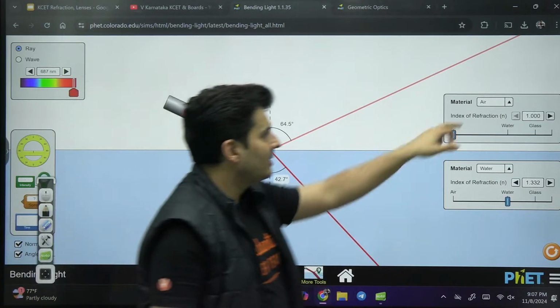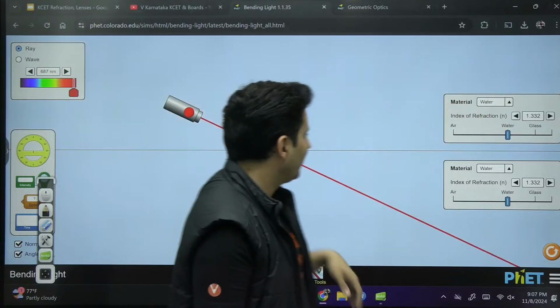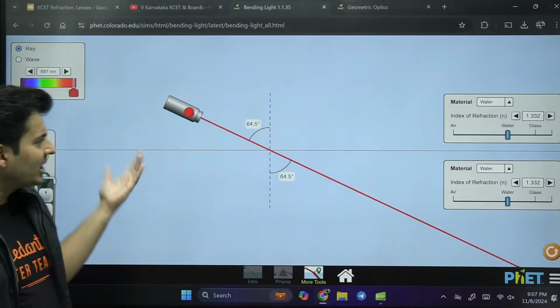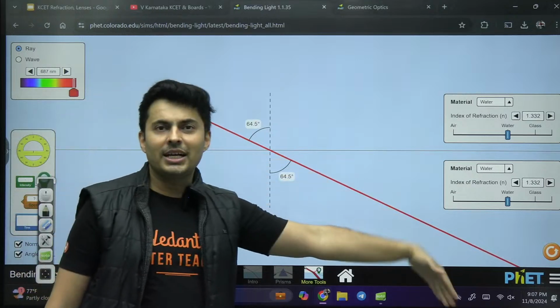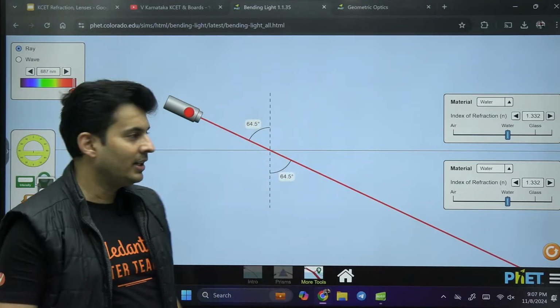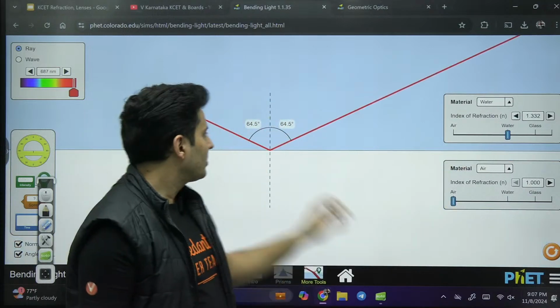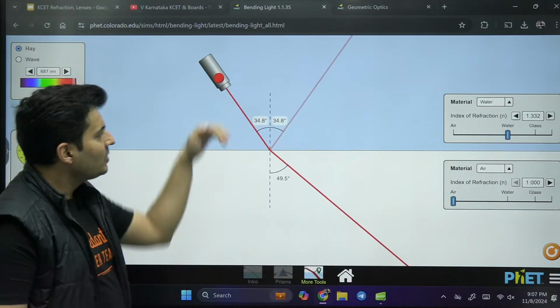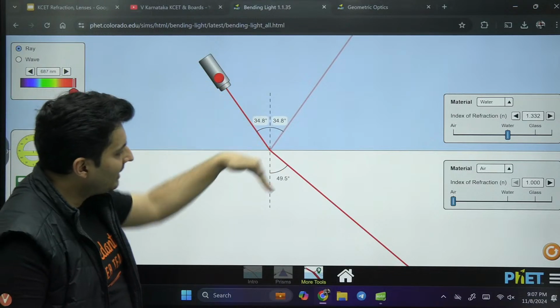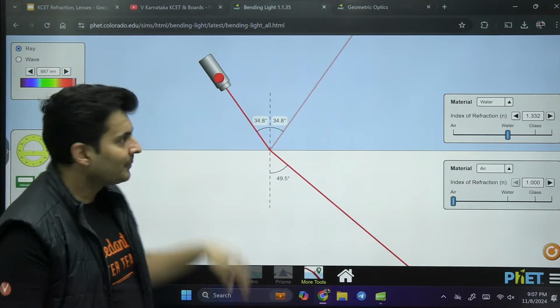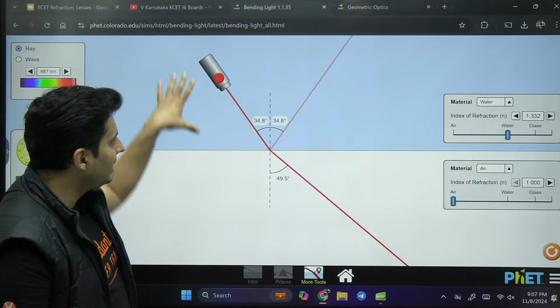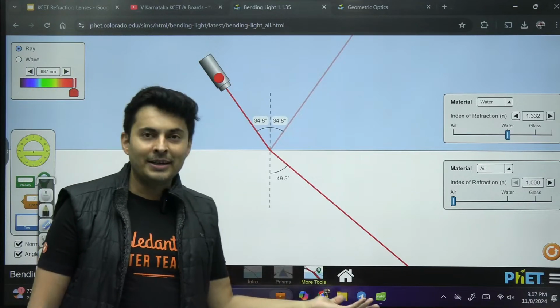But just imagine if I had made this water and this is also water, then the light will travel straight. There has to be a change of the medium. Let's say I make this water into air. Can you see the light has bent away from the normal because it has gone from a dense medium, which is water, to a rare medium.